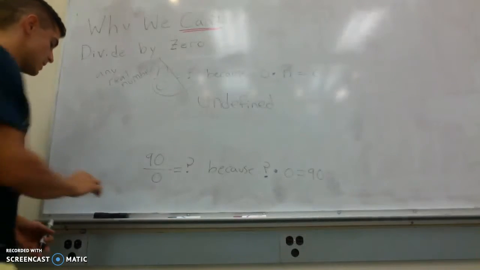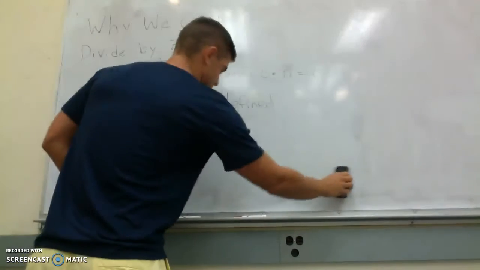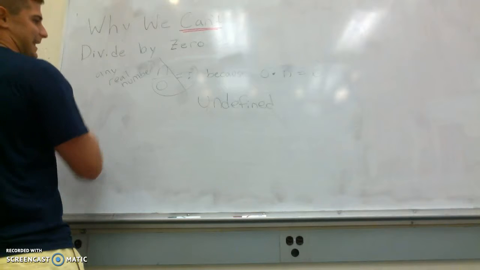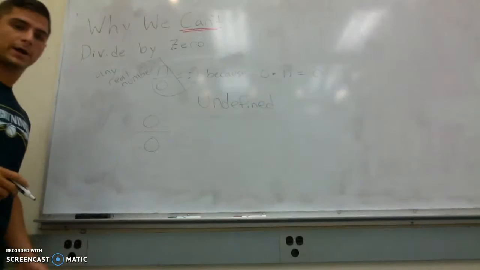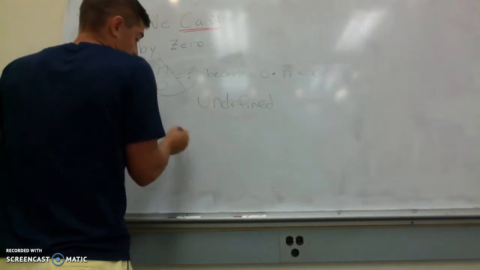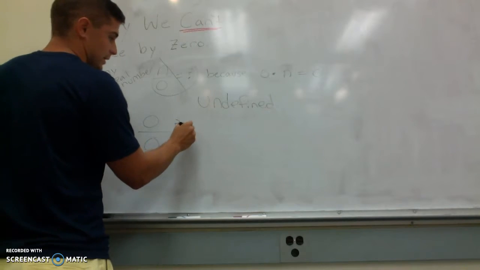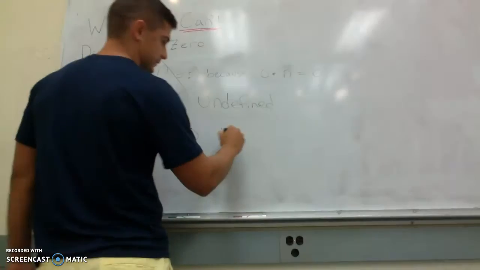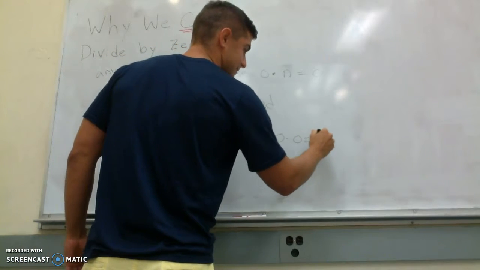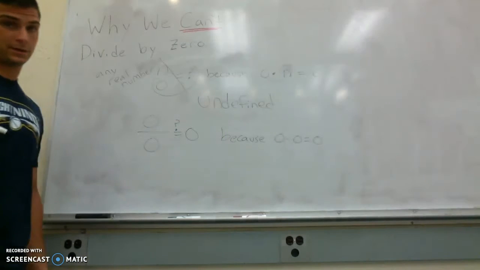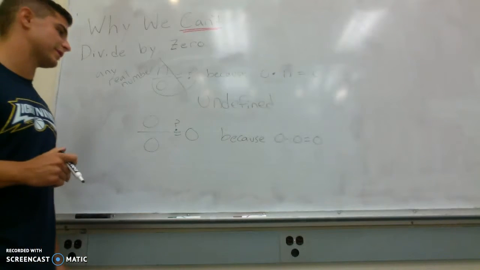Right? And then we come across the problem, well, what if that n is 0? And we come to 0 divided by 0, right? You might want to say, let's put a little question mark, that that's 0 because 0 times 0 is 0. You think, oh, I got you there, Mr. Maloney.